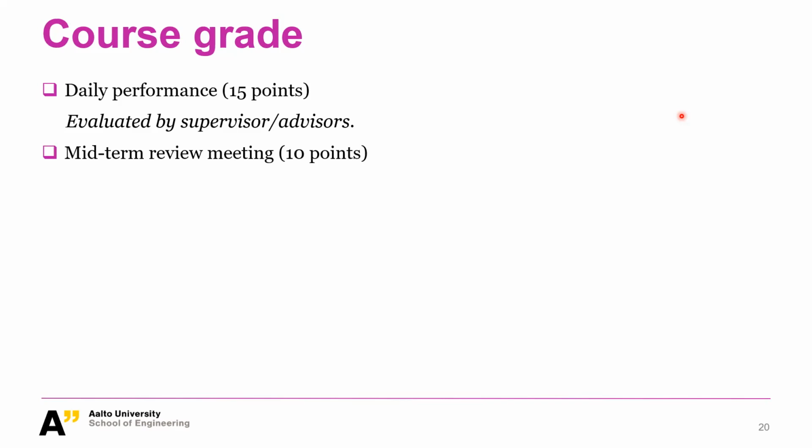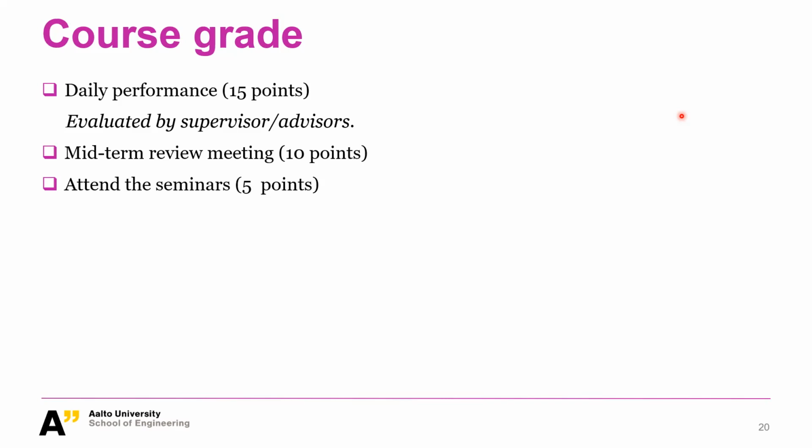Then it's the midterm review meeting, 10 points. It's the first workshop we mentioned, happening around the end of October. There, they're just checking your general progress. You're getting into the topic. You're actively moving forward. It will not be too much content-wise, so that's why you see the points are not that big.